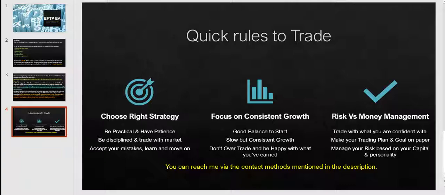I believe a small growth is good, rather than immediately increasing your balance and somehow losing your account in just 1 hour. It's better to go gradually rather than blow up your account in just 1 hour. So slow but consistent growth is what I believe in.